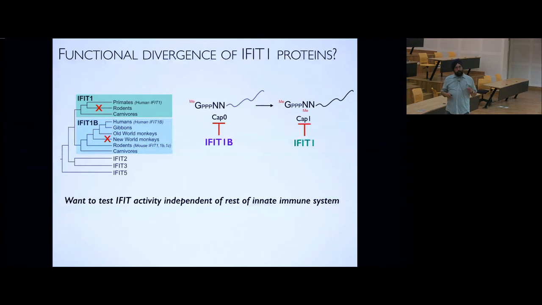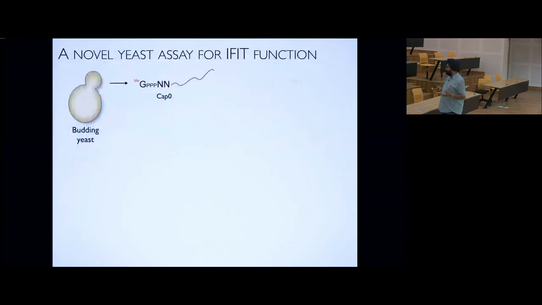which is to take advantage of budding yeast. Just like with PKR, where we took advantage of the fact that EIF2 alpha is completely conserved from yeast to human, here we took advantage of the fact that CAP1 methylation is a property of animals. It's not found in fungi. So all yeast mRNAs only have CAP0 on them.